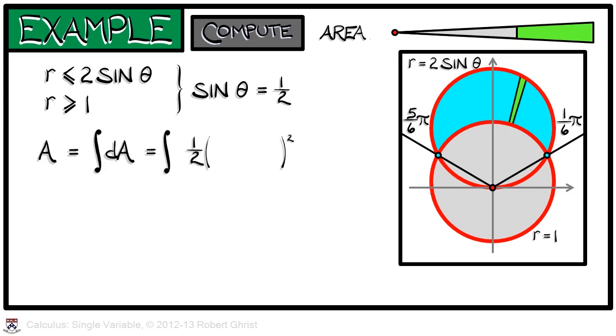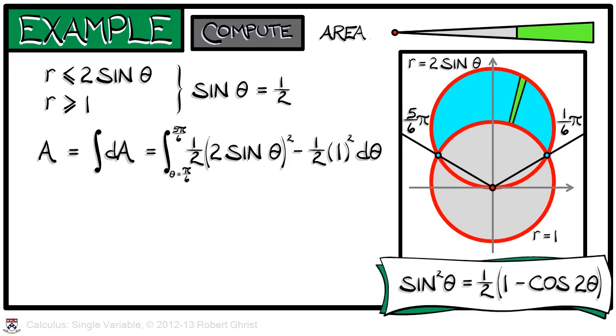Well, we take the outer area element, that is 1/2 of the outer radius squared, and subtract off 1/2 times the inner radius squared. Of course, the outer radius is r equals 2 sine theta. The inner radius is r equals 1. Paying careful attention to our inequalities, we have to perform this integration as theta goes from pi over 6 to 5 pi over 6.